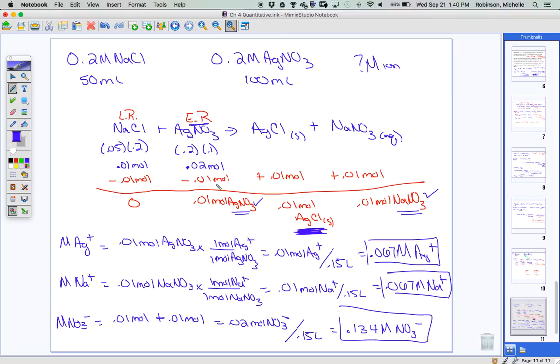Well, if no solid formed, then theoretically they're all just ions. I'm not following. No. Write it out. Write it down, and I'll look at it.